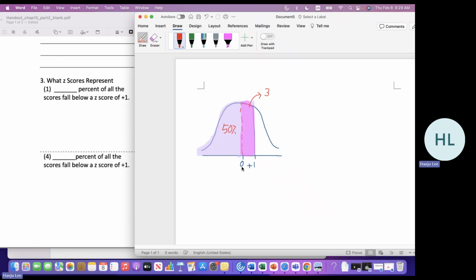The area between 0 and 1 is 34.13. So we need to sum up the whole area. So 50 and 34.13 is 84.13.